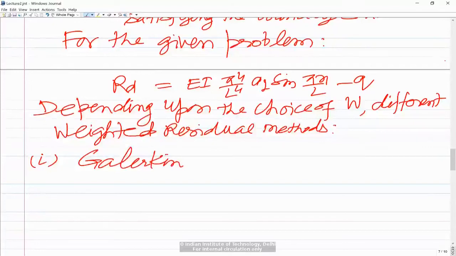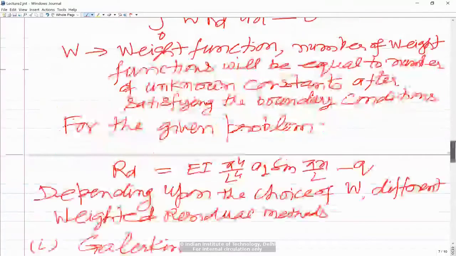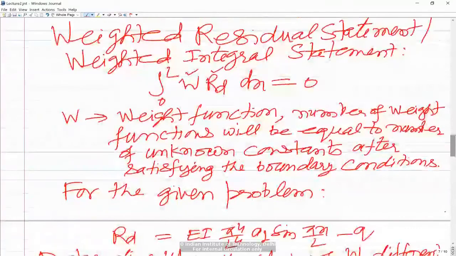This is a statement, and if you want to interpret it: for solid mechanics and structural mechanics problems, this RD is going to be the residual force, and the weight function is what we call the variation of displacement.